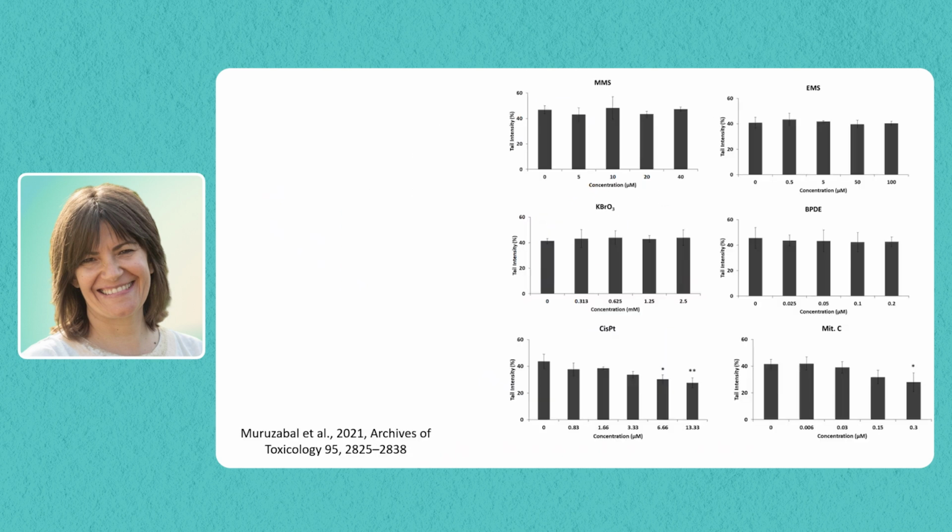The way of detecting crosslinks is a bit different because crosslinks decrease the migration instead of increasing the migration of the tail. Here you have cisplatin and mitomycin C. They are both crosslinkers.